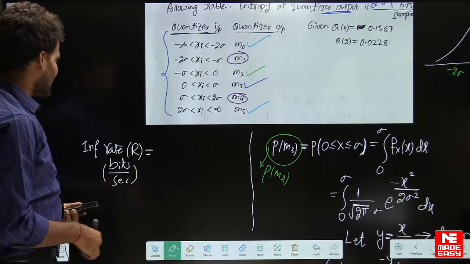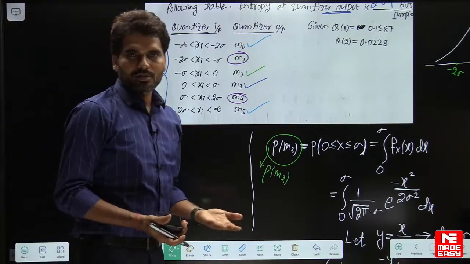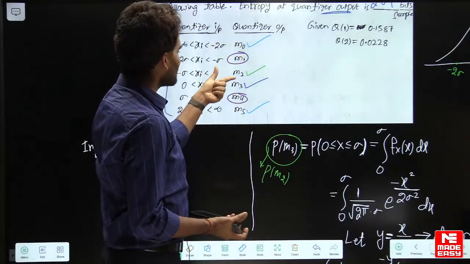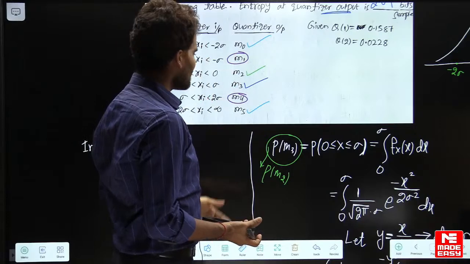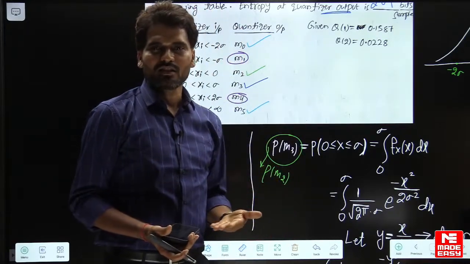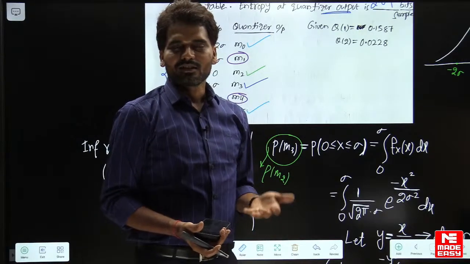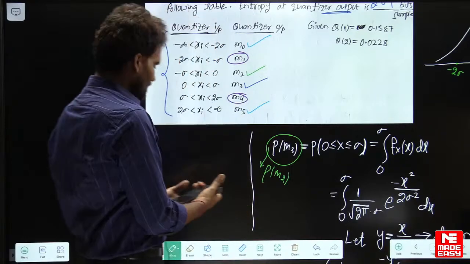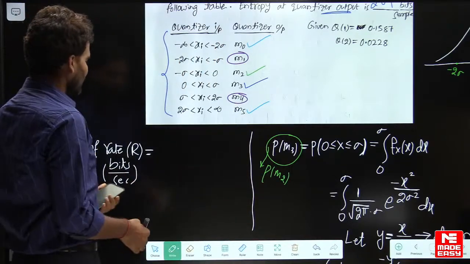Here the encoding will be done based on the probabilities. We already got the probabilities Pm0, Pm1, Pm2, and based on those probabilities encoding will be done, like by using Shannon-Fano or Huffman coding. Source coding will be done here. In that coding process, how many bits are generated in 1 second?